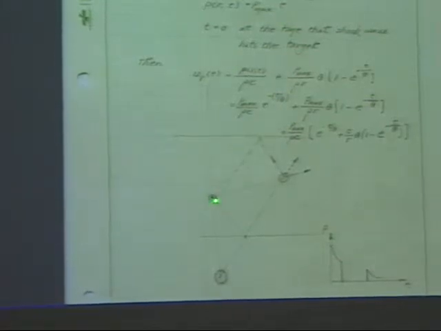This is the charge, this is the target, and this is the incident shock wave. Due to the incident shock wave, what happens? This target is going to move in the same direction.